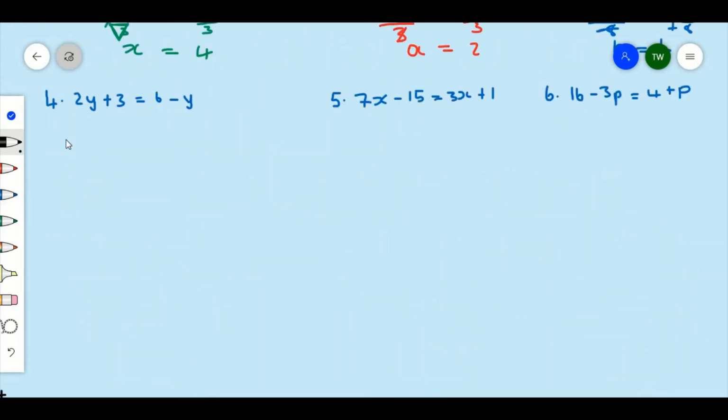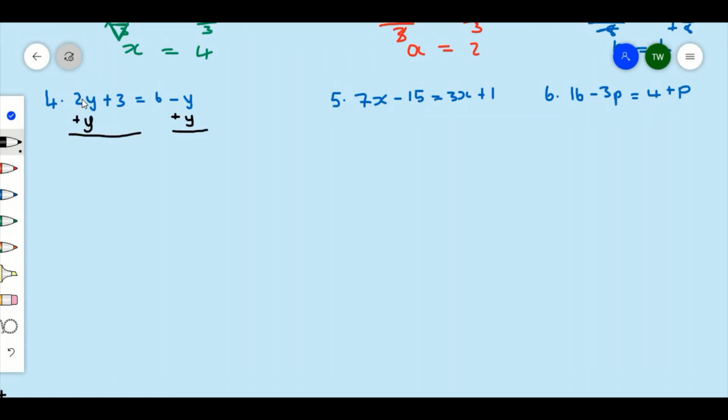Now to example 4, we are given 2y plus 3 equals 6 minus y. What we're going to do, we're going to group the like terms, which is the y. So in order to get rid of this minus y, we're going to add y to both sides. We're also going to add y to this side as well.